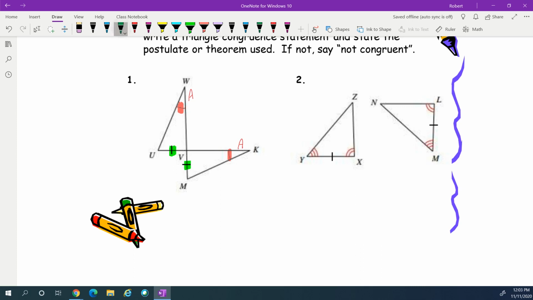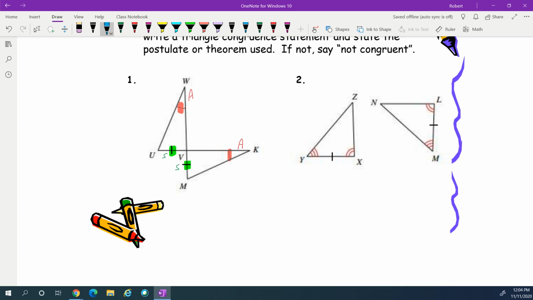So I'm going to label those S and S. And then we go through our mental checklist. Side, side, side; side, angle, side; angle, side, angle; angle, angle, side; or hypotenuse leg. Well, we don't have enough information to pick any of them yet. So now we go, well, what can we figure out?